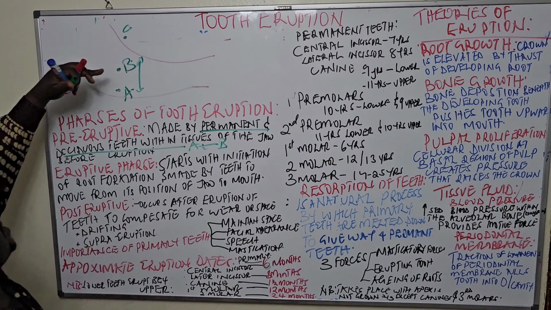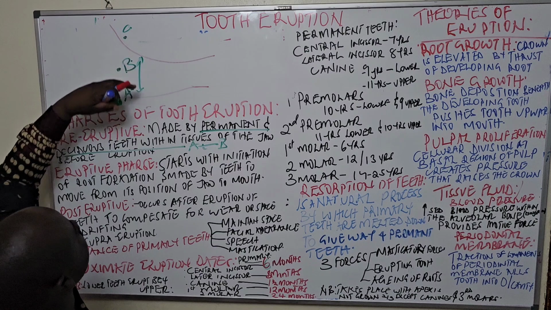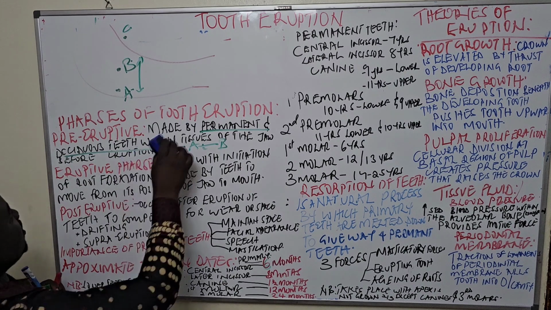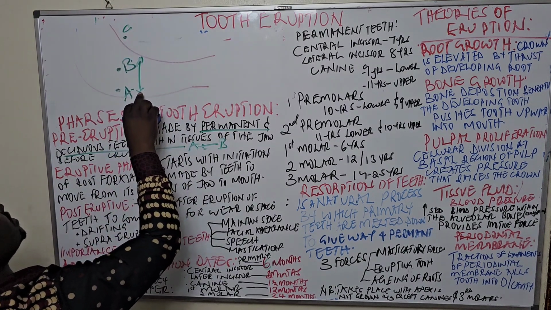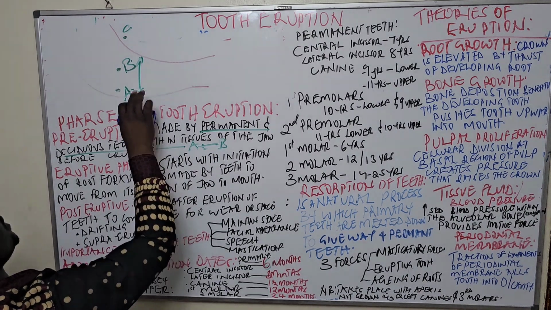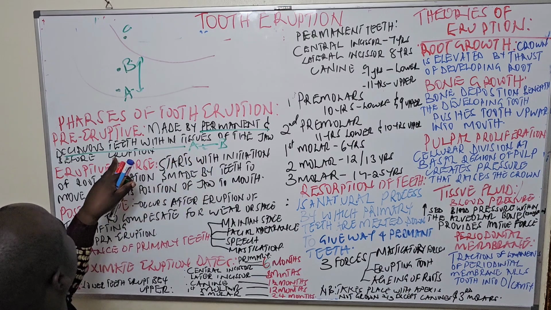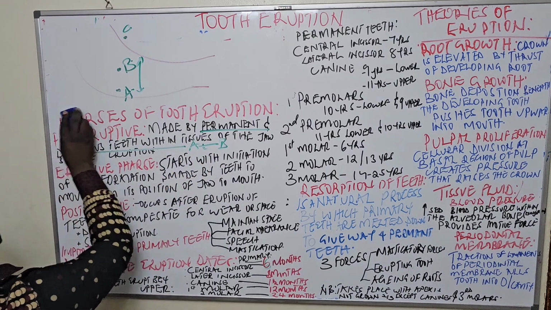In other words, it has not yet come into the oral cavity, but the movement is within the jaw tissues. However much it is not seen in the mouth, it is moving from A to B. So that is what we call before eruption, but within the tissues.